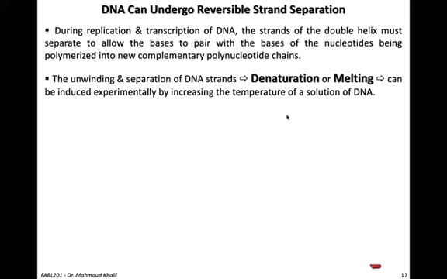So the unwinding and the separation of DNA is called denaturation or melting. Basically the two strands can be separated from each other. It normally occurs in our cells, but it can also be induced experimentally by increasing the temperature of a DNA in solution.